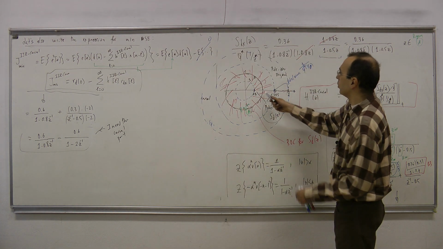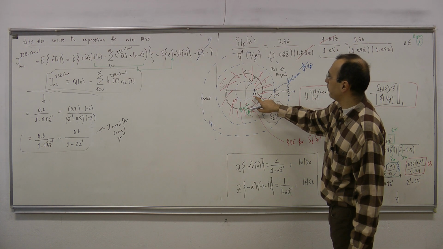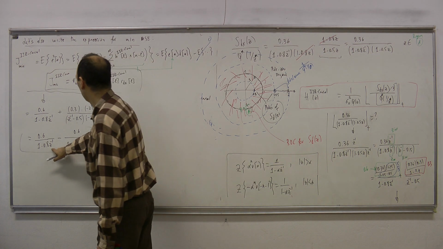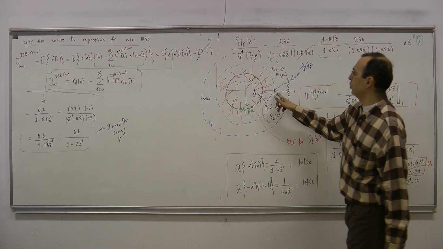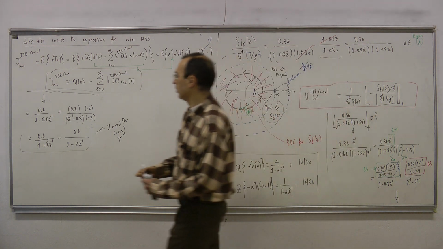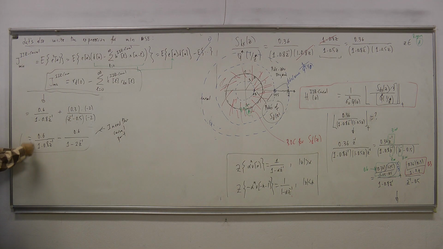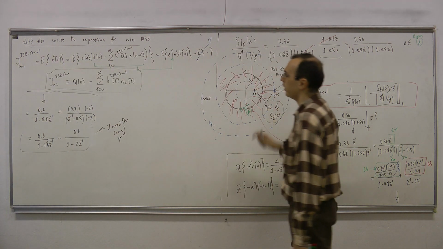In this region of convergence, there is a pole at 0.8. Over here there is another pole at 2. So this forms the causal part. The other part forms the anti-causal part in this region of convergence, in region A.